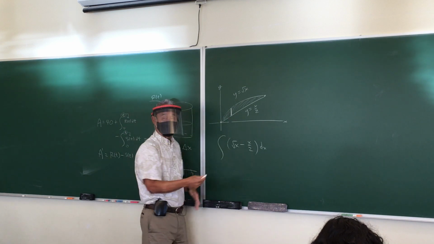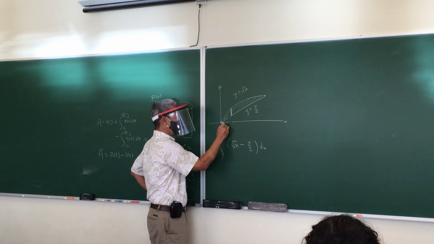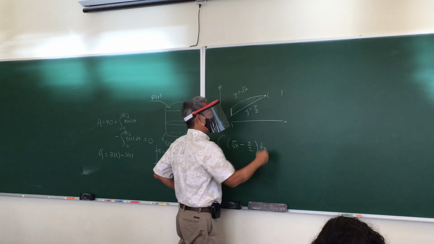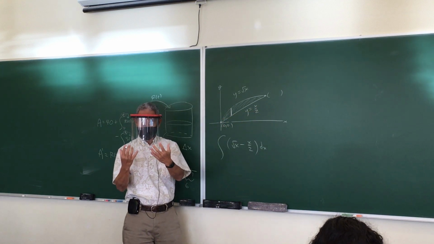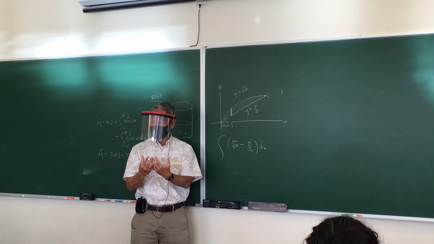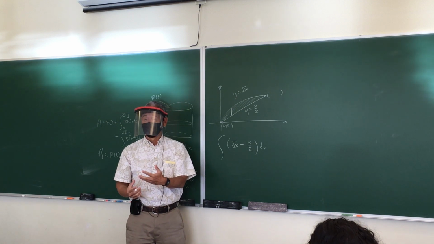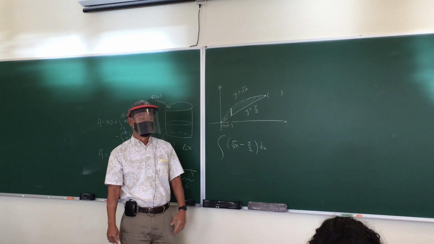So what we need to do is figure out where these graphs intersect. Well, this one is obvious: 0, 0. This one might not be that obvious. Now, two things you can do to find the point of intersection. You can set the equations equal to each other and solve it, or you can just guess and check. This one's pretty easy to guess and check. Okay, try 1.